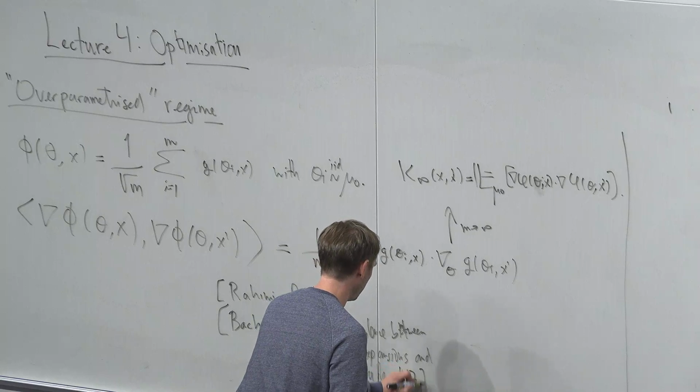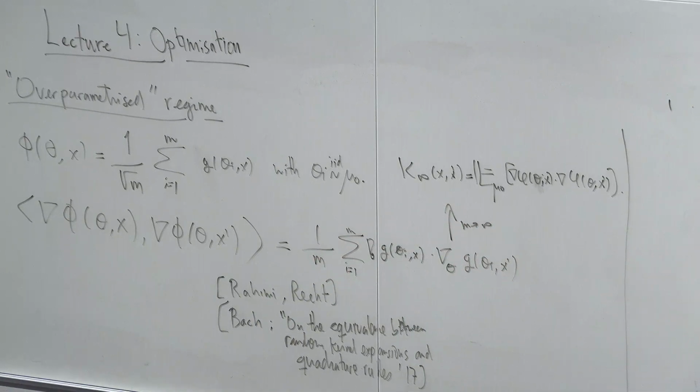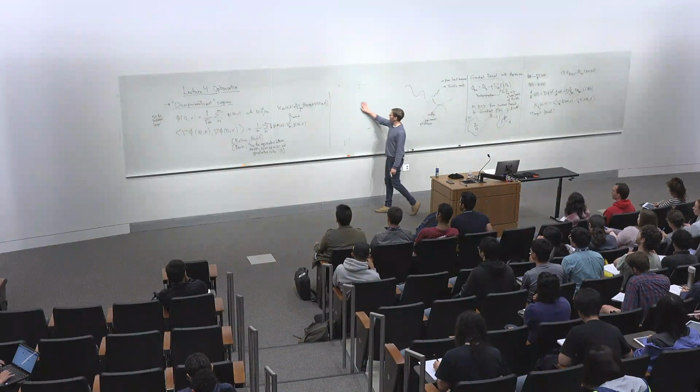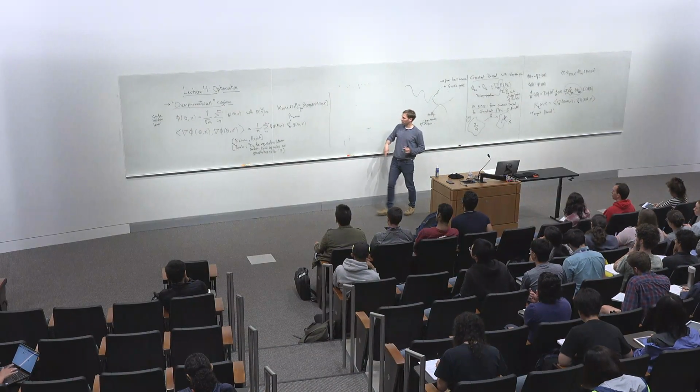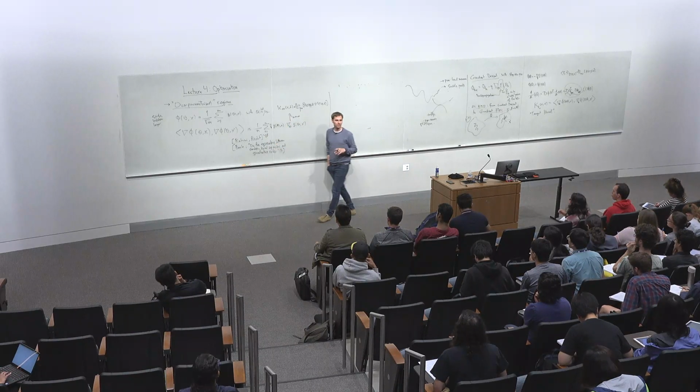It's from 17. That also gives you a little bit more quantitative results on this. But now let's not spend too much time. Okay, so this is actually not new. I mean, this paper is from 2008, and people have been aware of this kind of equivalence.